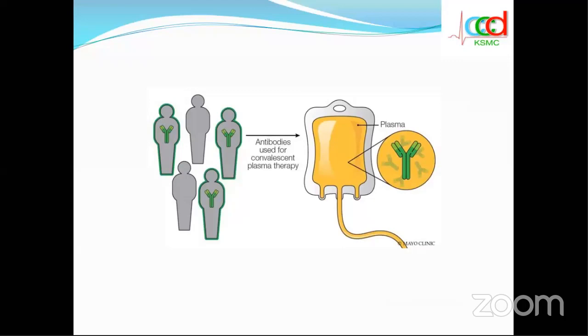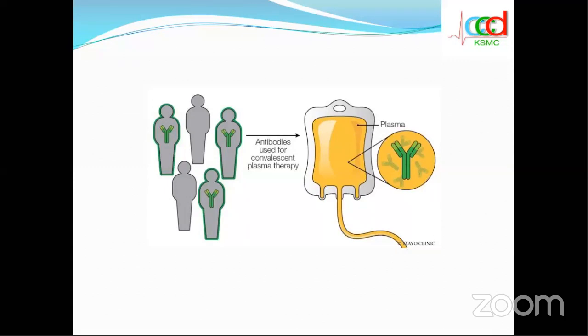Once the COVID-19 antibodies are confirmed, the plasma contains antibodies. The convalescent plasma can bind and kill the virus in infected patients that do not yet have immunity to the virus.